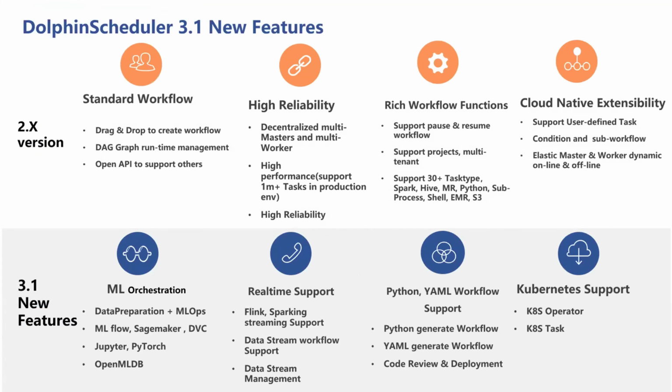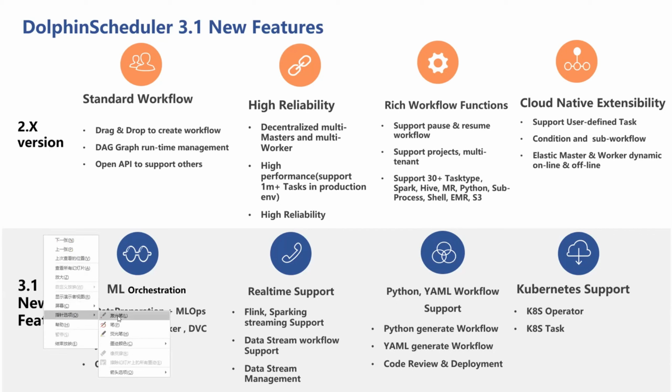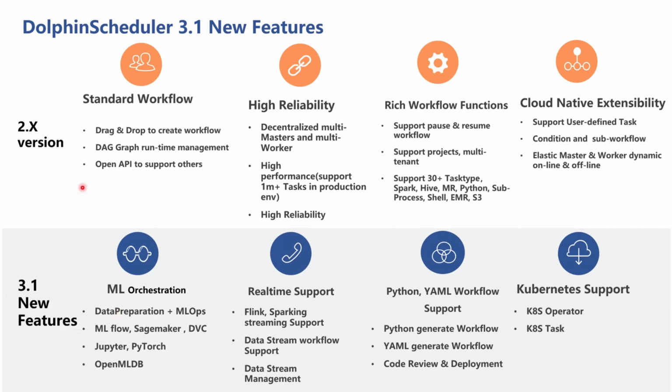Okay. Before we dive into the new features, I want to spend a very short time telling you about the previous 2.x version of the DolphinScheduler. As you know, the 2.x version is also a very successful product that is used by many great users in China.